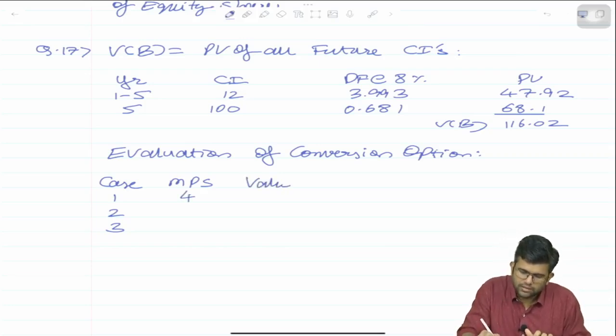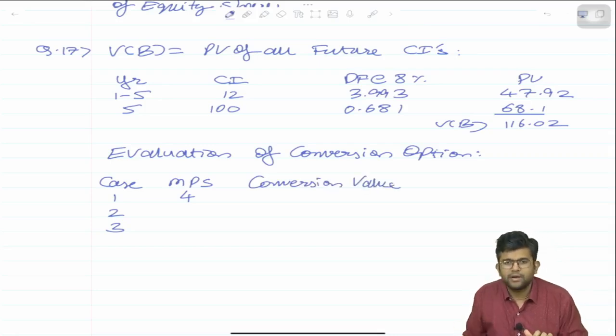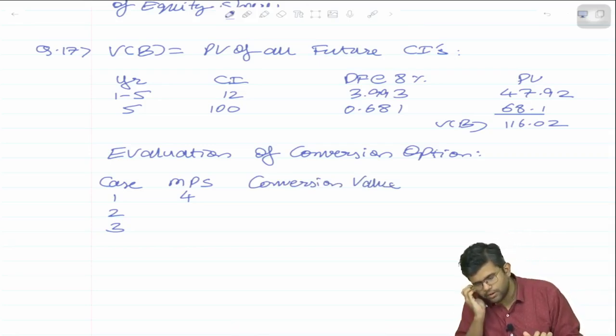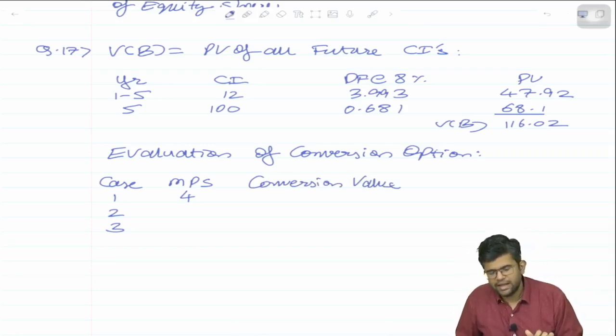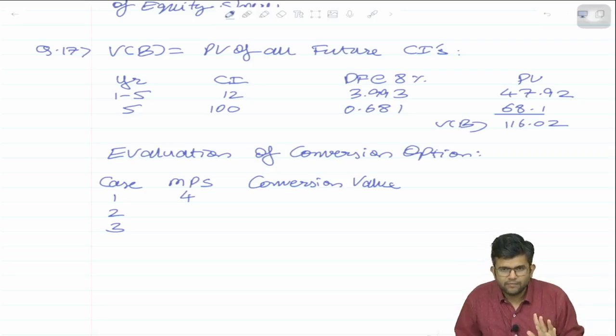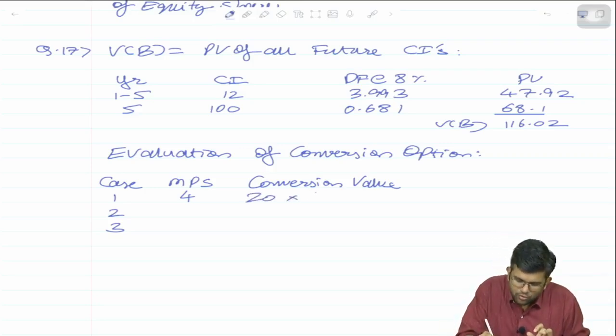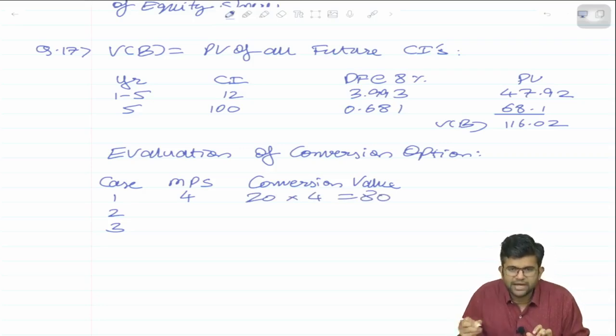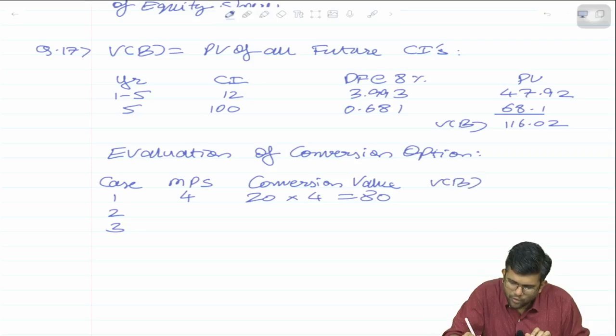Students, you tell me, if you convert your bond to equity, every bond will convert to 20 shares, which means you will get a value of rupees 80 on conversion, whereas the value of the bond, can I say right now, is 116.02.